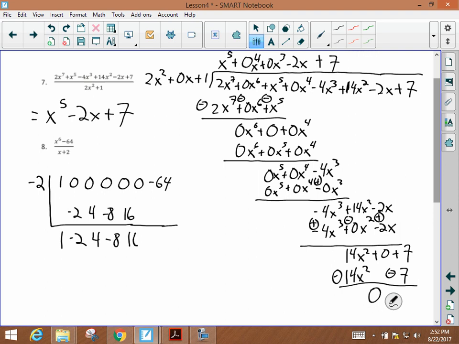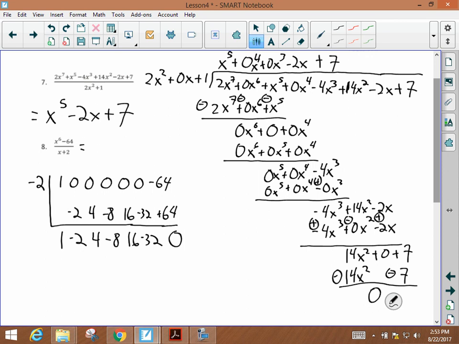Add, get positive 16. And now I will multiply and get negative 32. So that's going to be a negative 32. And then I will multiply again and get positive 64, right? And then when I add those, I get 0, which is awesome. I need a 0 remainder.